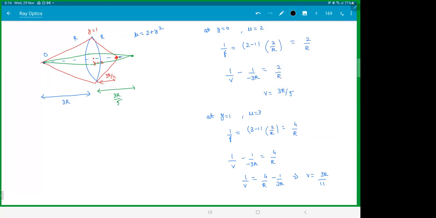So all the remaining spots should lie between them. This is the image. So the length of the image would be 3r by 5 minus 3r by 11. 11 minus 5, how much is that? 6, 6, 3 is 18r by 55.